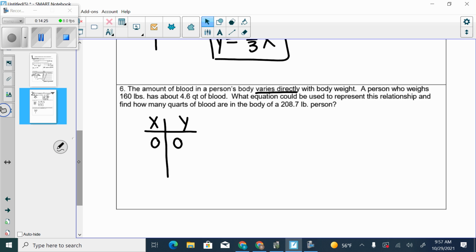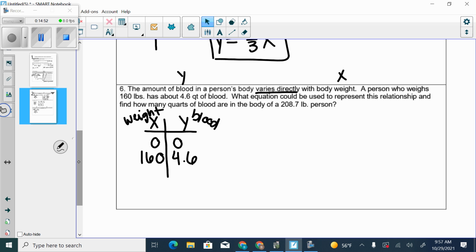Well, the blood should depend on how much a person weighs. If we don't know how much they weigh, we could not use our function. So weight is the x value, or the independent, and the amount of blood that person has depends on their weight.